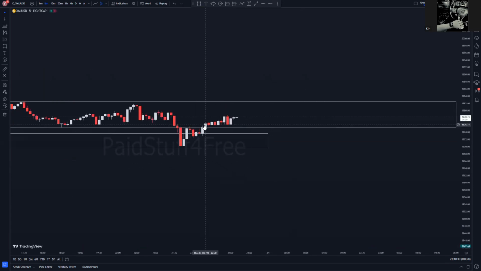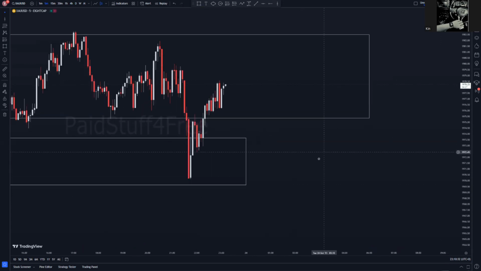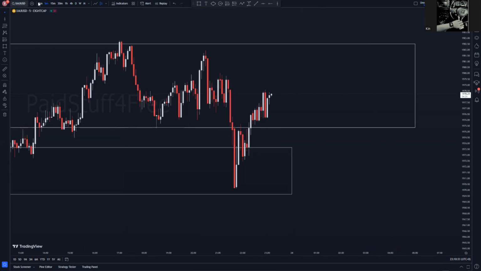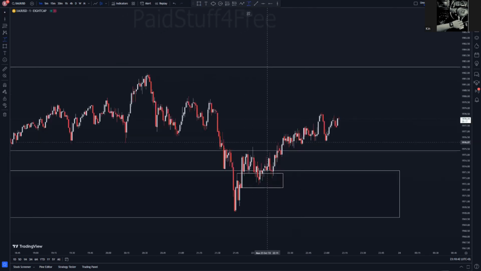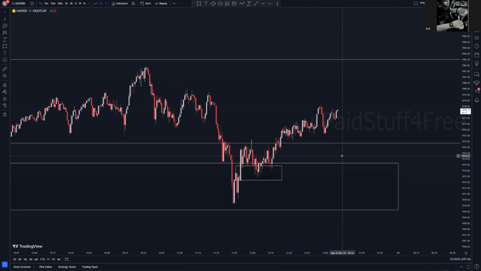All right, the CE. I took my buy with this one actually. 50 pips. That happened on the M1 EF. Yeah, I use M1 EF.